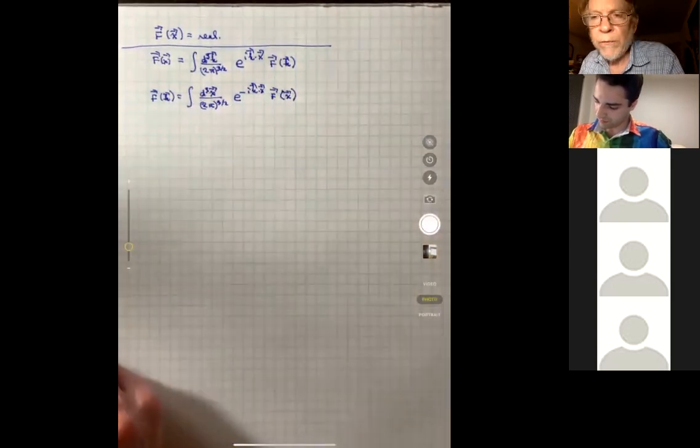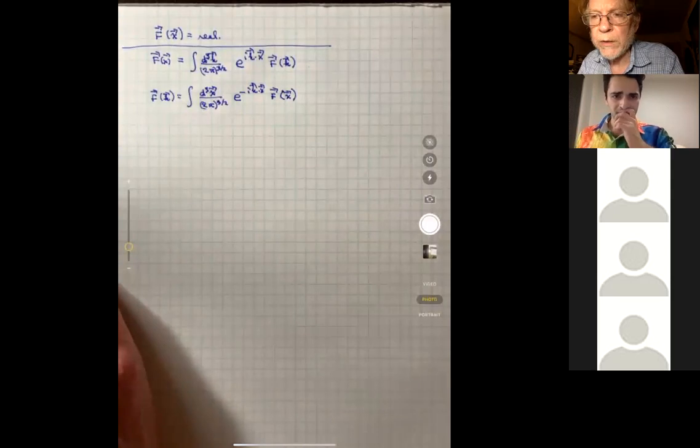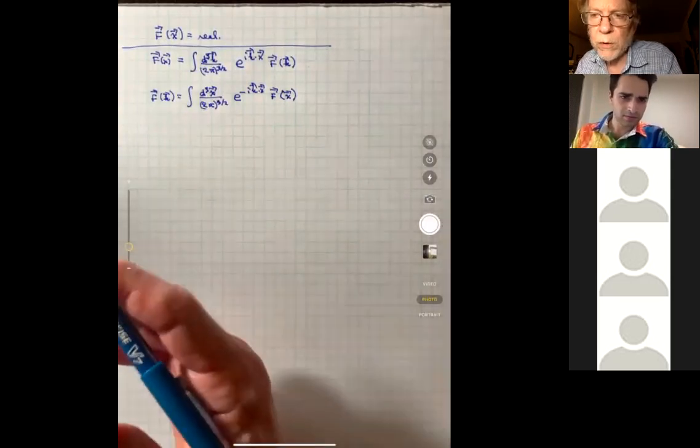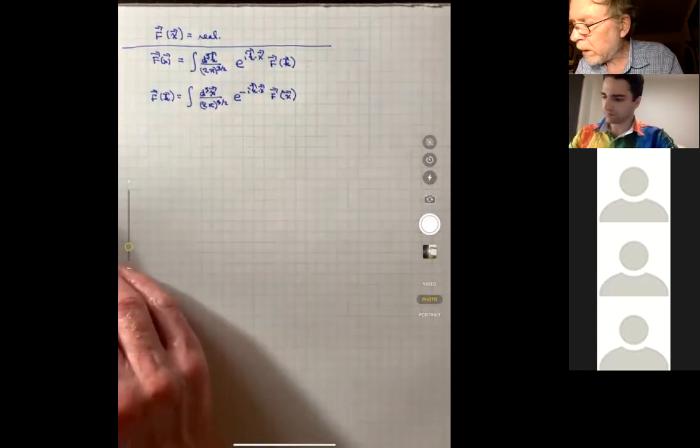But these are just the usual Fourier transforms. There's nothing funny about it, except I'm balancing the factors of 2 pi in the forward and backward transformations, which for the most part is a convention I'm trying to use throughout this course. One has to choose some convention, so I'm just doing this one. All right.